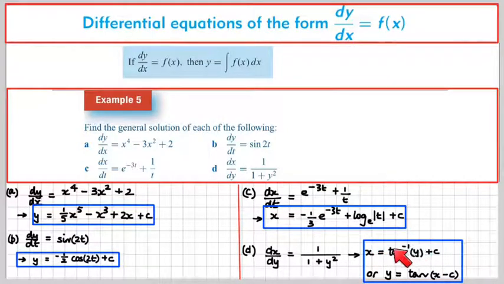Then you would take the tan of both sides. So you get tan of (x minus c) equals tan of the inverse tan of y, which just gets us y, because tan and inverse tan neutralize each other.